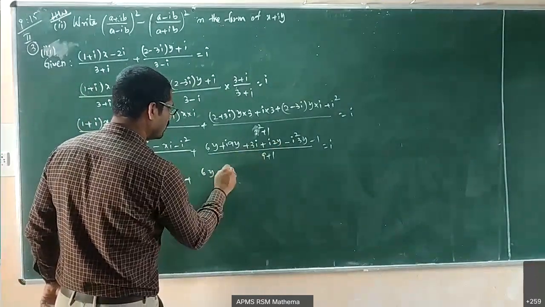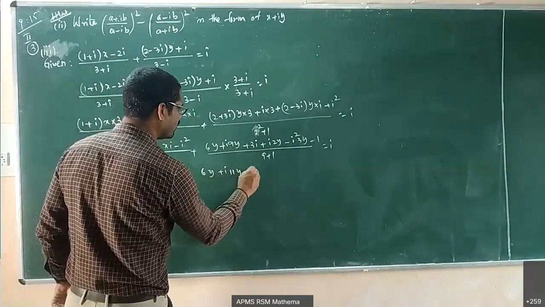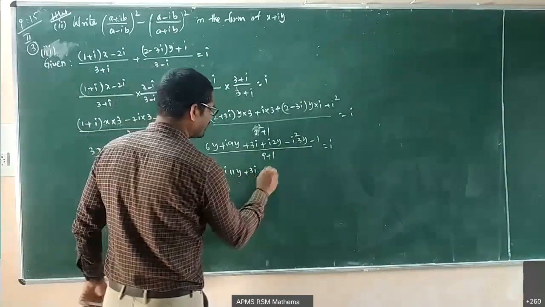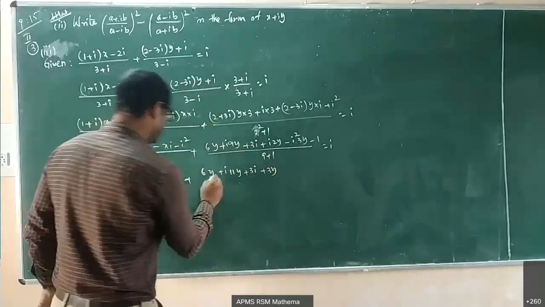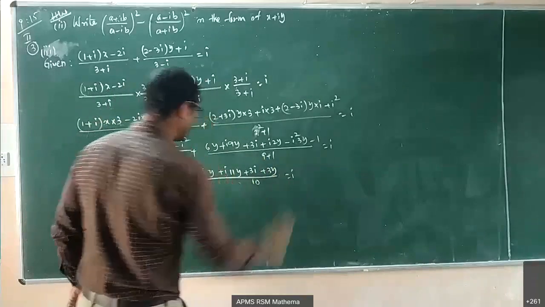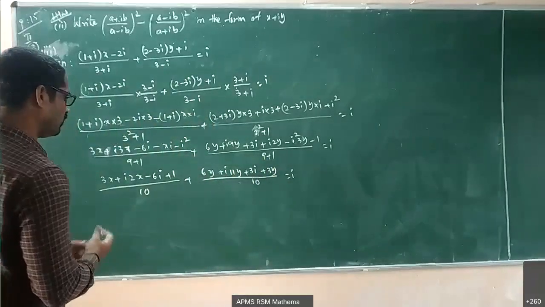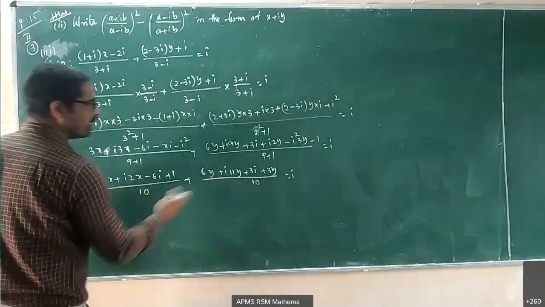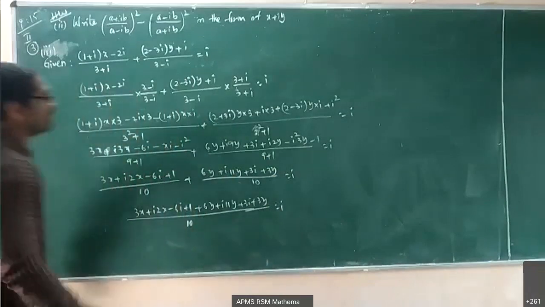Again here this becomes i11y plus 3i plus 3y by 10 is equal to. To further simplify, both have the same denominator, which are like terms, so we can combinedly write them: 3x plus i2x minus 6i plus 1 plus 6y plus i11y plus 3i plus 3y is equal to i.